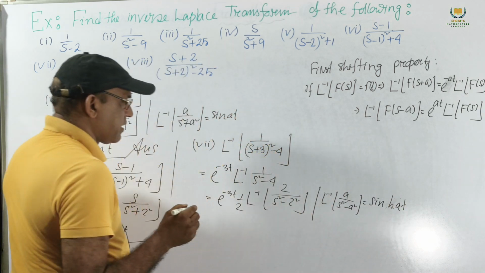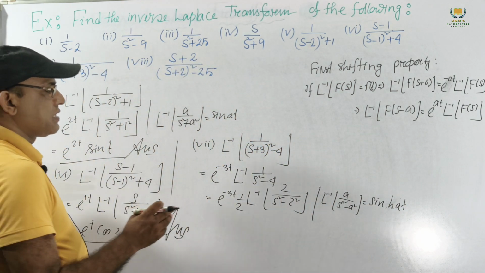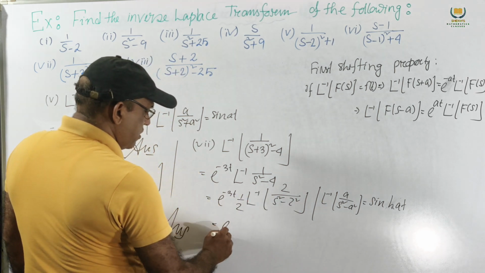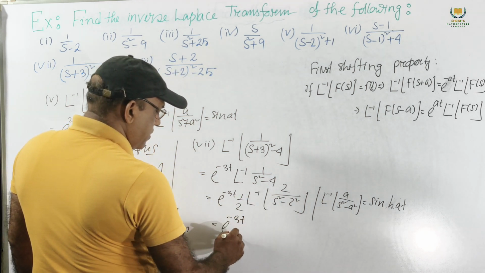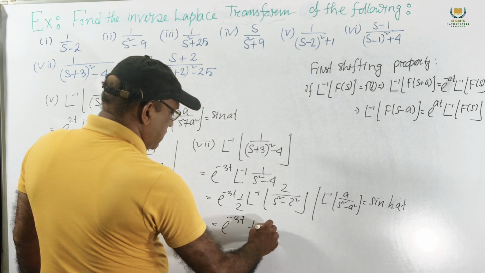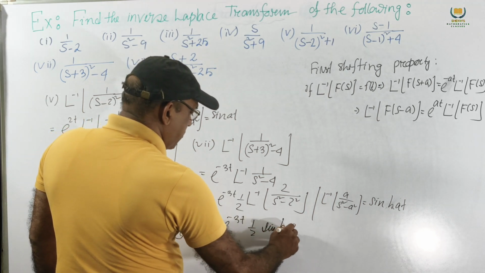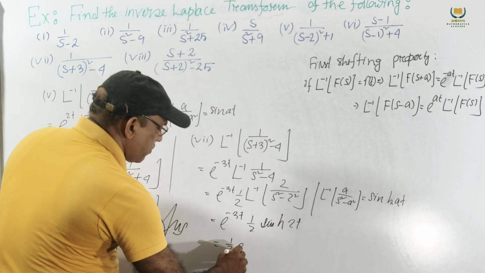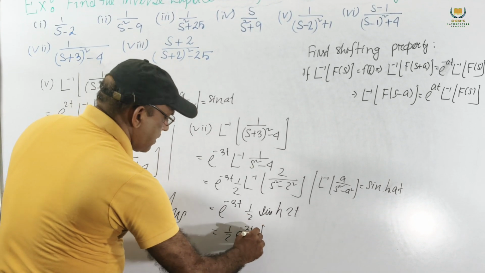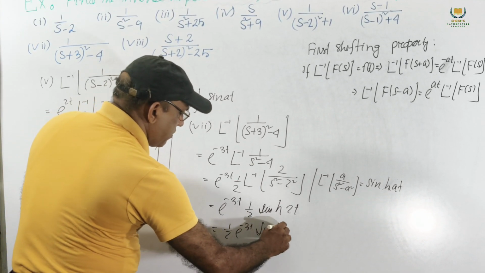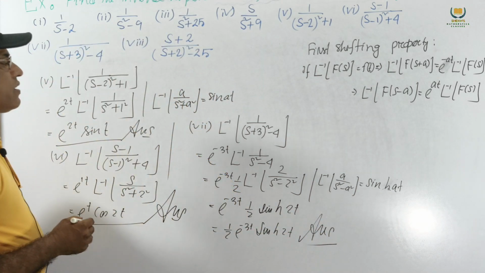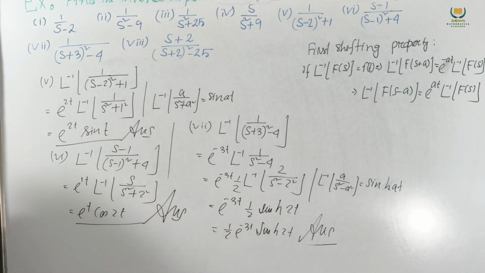So this will be 1 by 2 sine hyperbolic 2t, or we can write 1 by 2 e to the power minus 3t sine hyperbolic 2t, and this is our answer. We get 7 number answer.